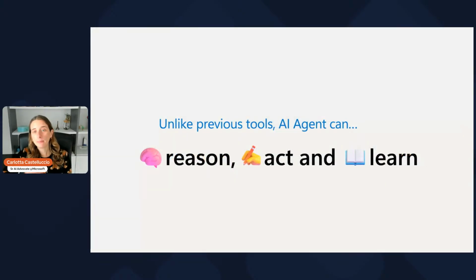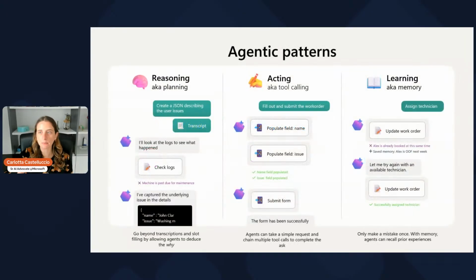In fact, the main capabilities of an agent are three. An agent is able to reason, act, and learn. What does it mean? Reasoning for an agent means processing the input and creating a plan to address the task before actually doing the thing. This leverages the reasoning capabilities of the latest large language models and enables better results.